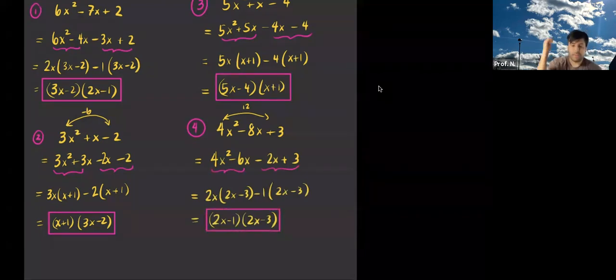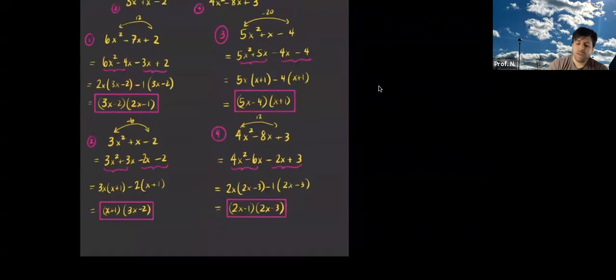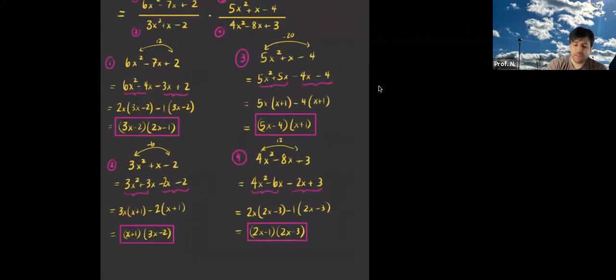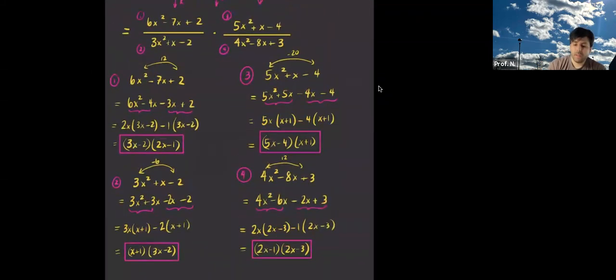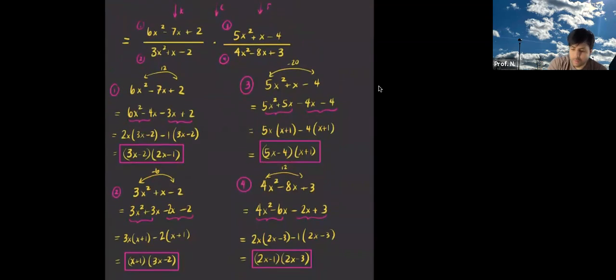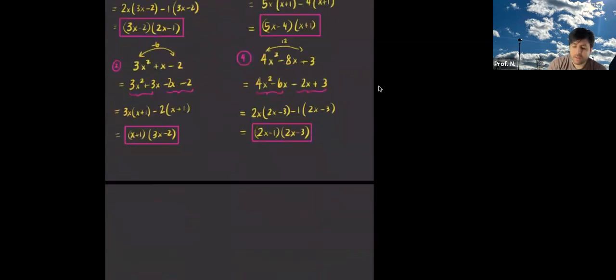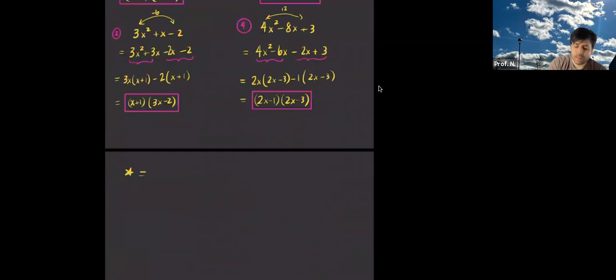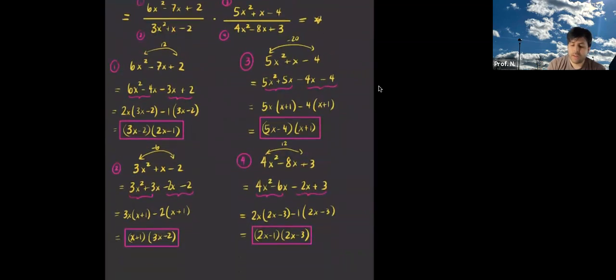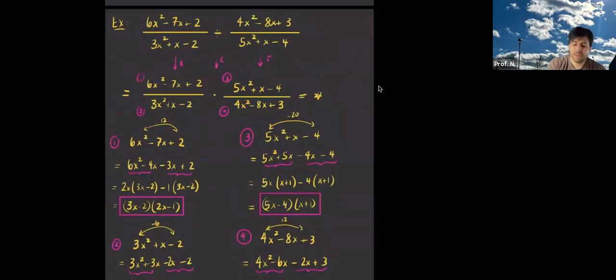So all I did was factor, and factor, right? Okay, so now once I've factored everything, I can continue this. I'm going to put a little star here, and continue where I left off. Now I can replace all these different trinomials with their factorized expression.